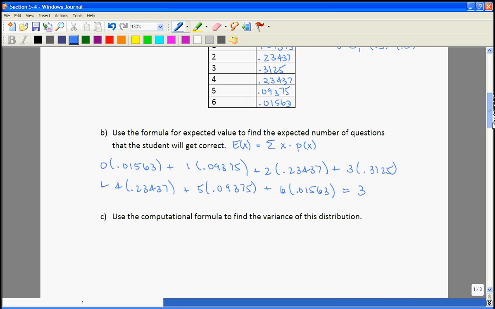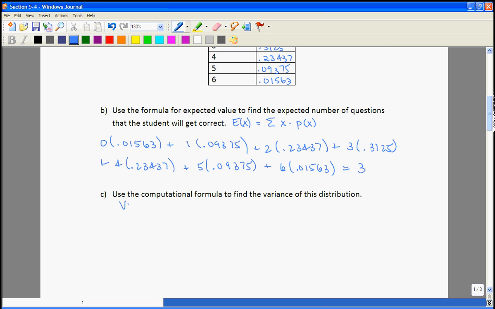Now let's find the variance, and I'm going to use this formula, the variance of x equal to E of x squared minus E of x quantity squared. So we already found the E of x part, and all we'll have to do is square it once we plug it into this formula, but now we need to find E of x squared. And recall, E of x squared is the sum of when I take each value, square it, and multiply it by its respective probability.